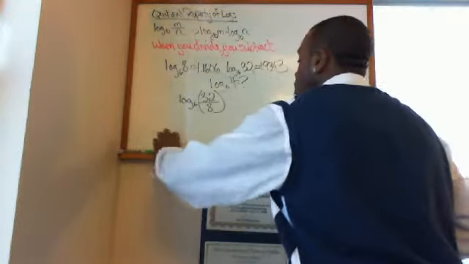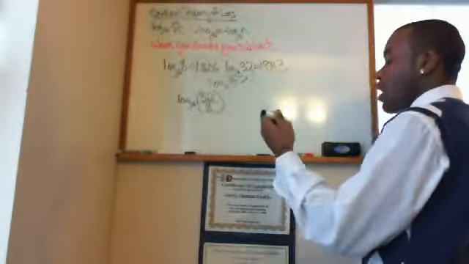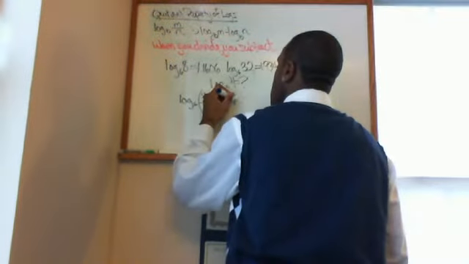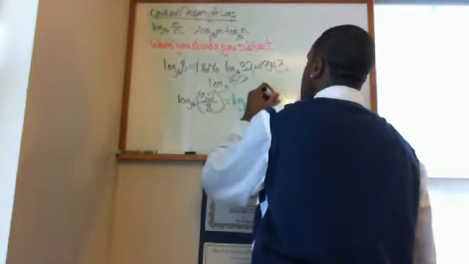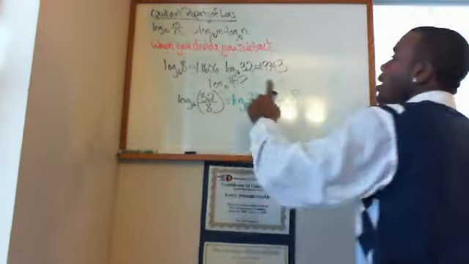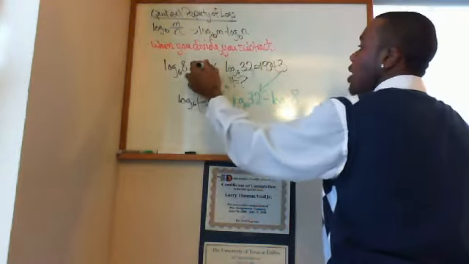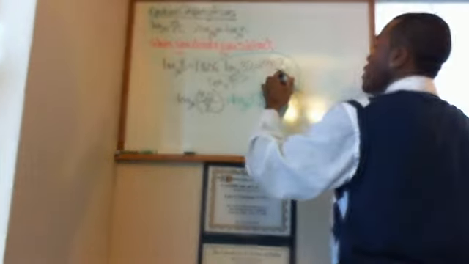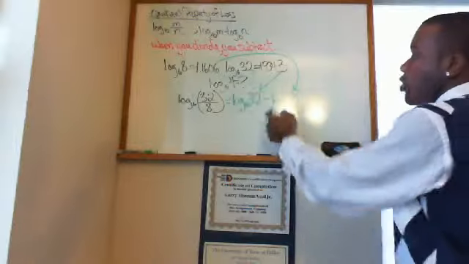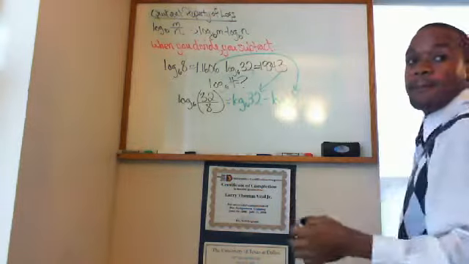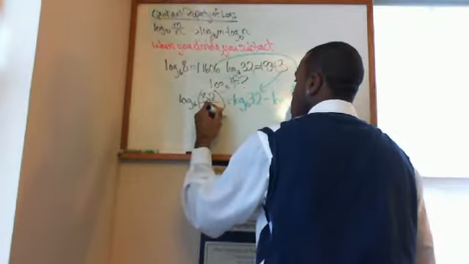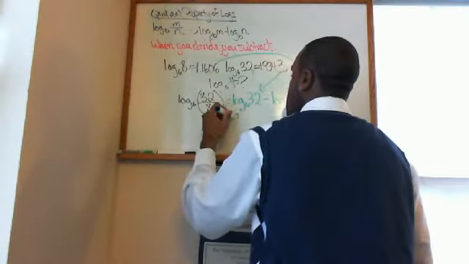Now, log base 6 of 32 minus log base 6 of 8. I already have the two numbers, don't I? This goes here, and this goes over here. I plug them in. So log base 6 of 32 is what? 1.9343.